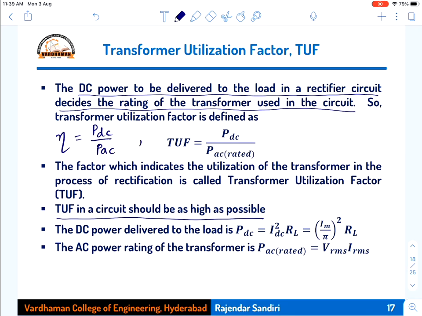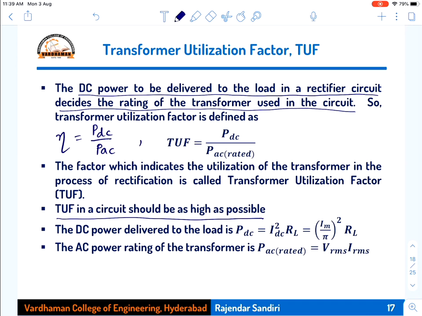The numerators in both cases are the same, PDC, the output DC power, but the denominator in the efficiency is PAC, and in the transformer utilization factor it is PAC rated. If you understand this, then you will not have any confusion between efficiency and transformer utilization factor. So what is that difference?